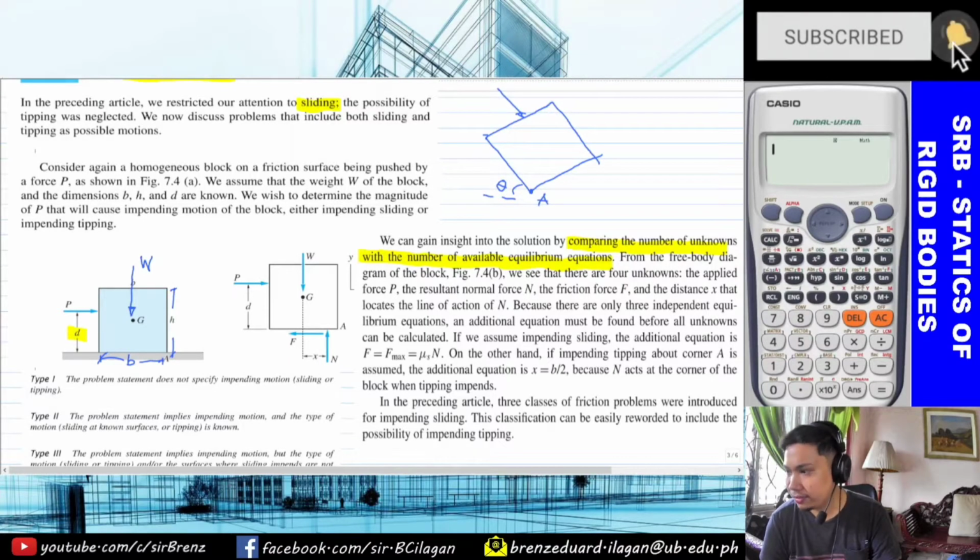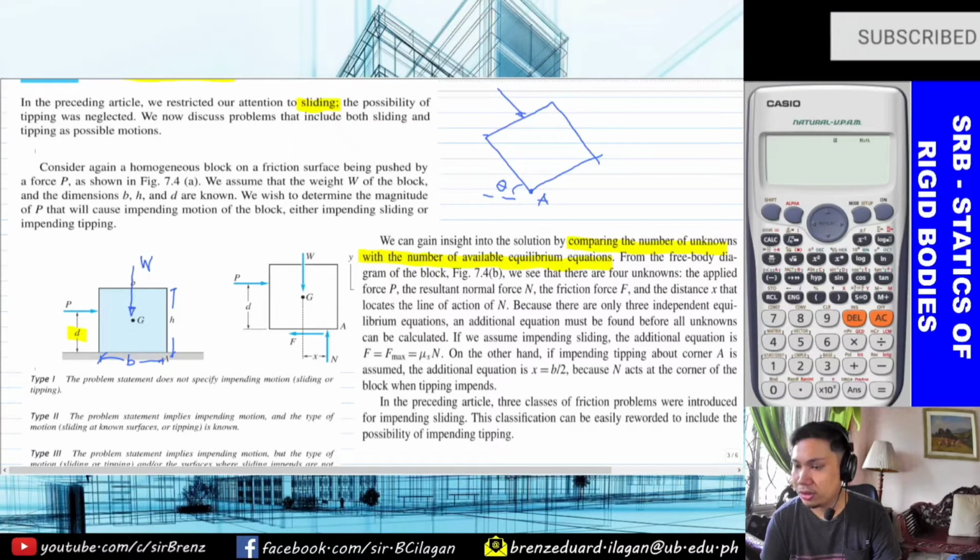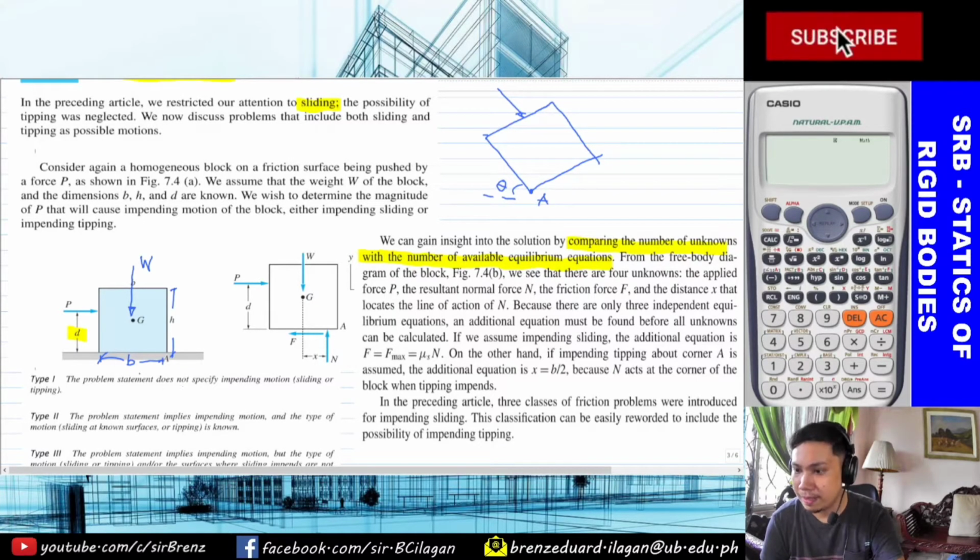On the other hand, if impending tipping about corner A is assumed, the additional equation is x equals b over 2, or half of your base, which is correct.